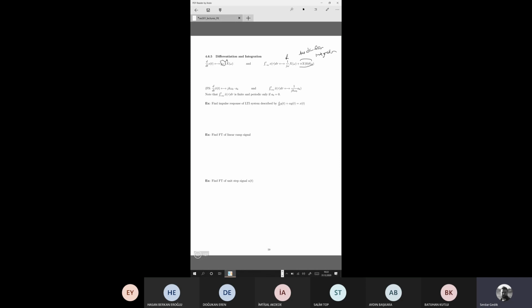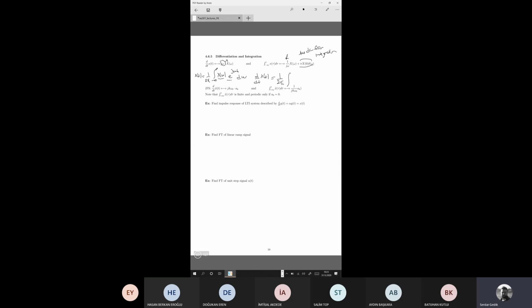Well, I will prove the first one. If you start by writing x of t as the synthesis equation from minus infinity to plus infinity, x of omega e to the power j omega t d omega, then d by dt x of t is nothing but 1 over 2 pi integral. This term does not depend on time.